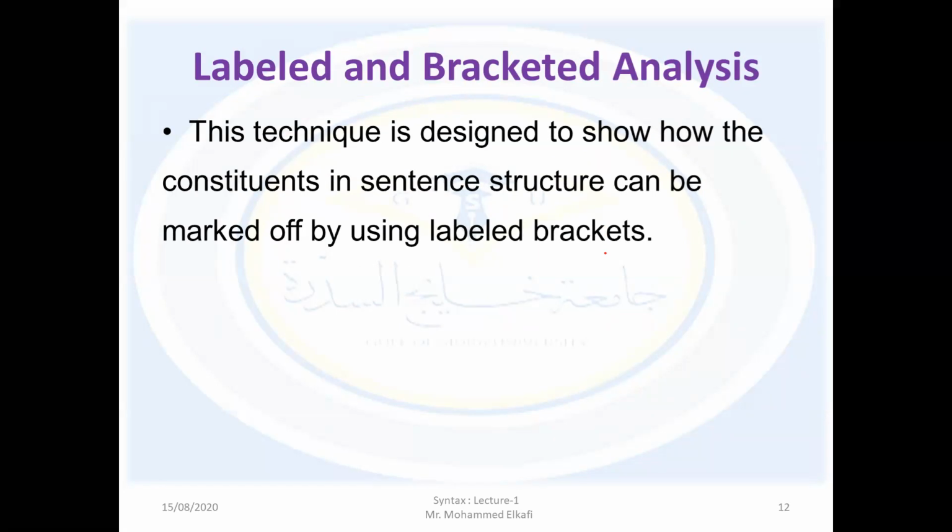So you would think of it also as a technique similar to the constituent analysis, okay?